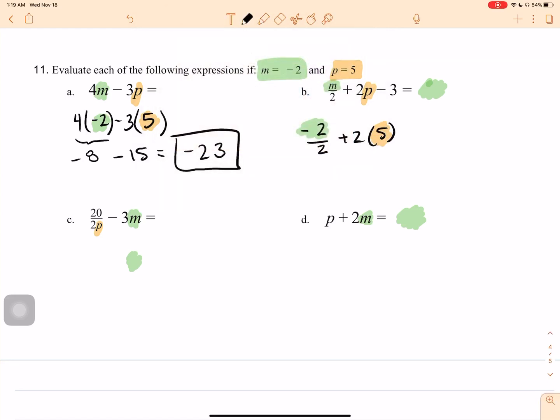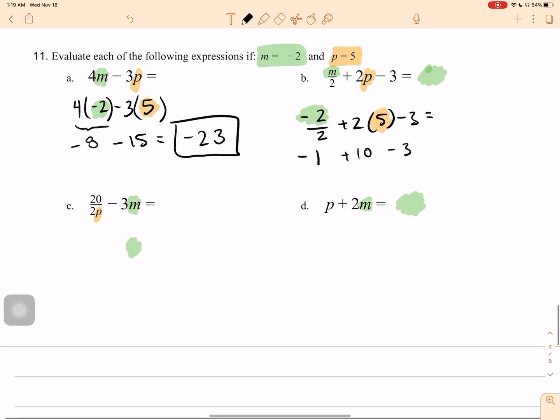And then minus 3. So if we were to simplify this, we're going to get -1 plus 10 minus 3. So -1 plus 10 is 9, minus 3 is 6.